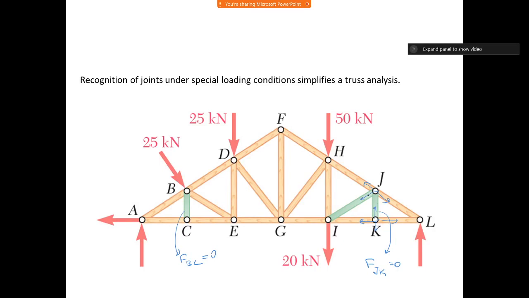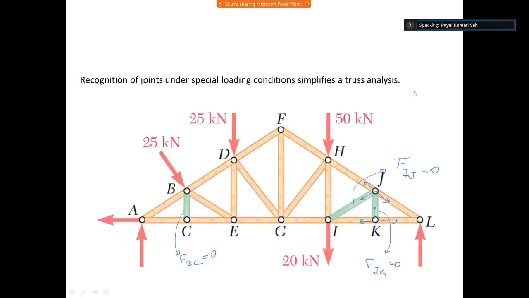So this member, FIJ, will also be equal to 0. Using these methods we can get the solution more quickly. Okay, so that was about the method of joints.